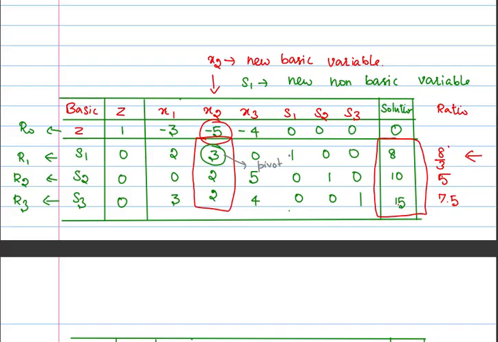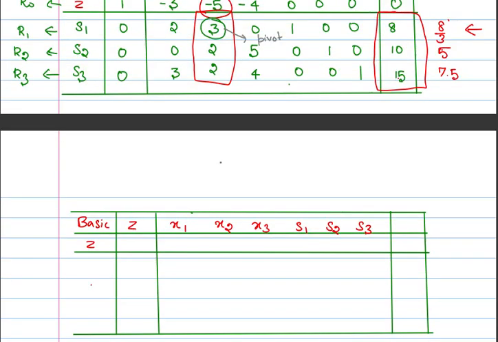In the Gauss-Jordan method, the pivot element must be 1. I want to convert it, so you divide the whole row by 3. That is, R1 becomes R1 divided by 3. This is our new R1, and this is the old R1.